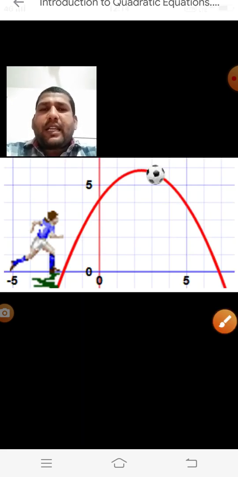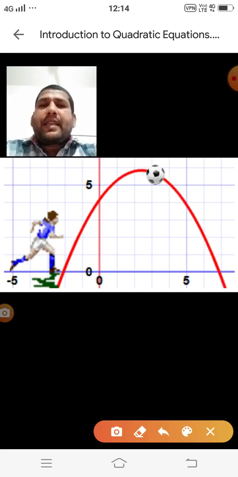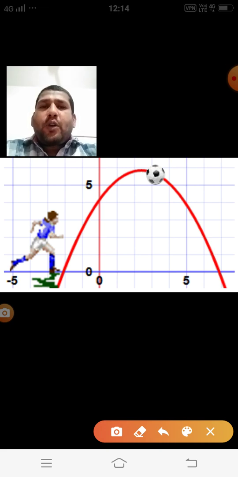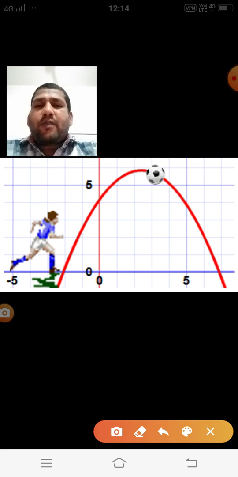If you observe the graph of a quadratic polynomial, we get a parabola.